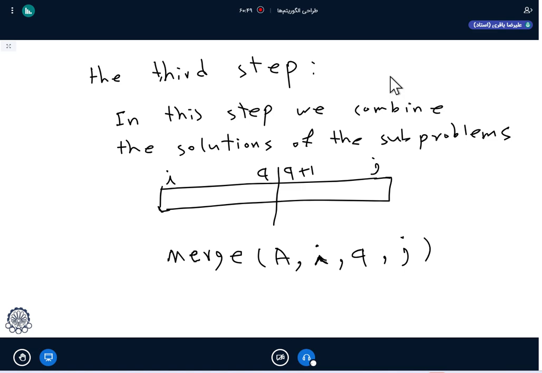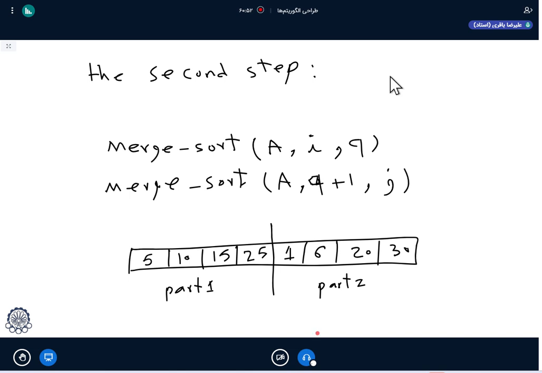Please let me go back to this slide. Doctor, how can we merge? Can we ask a question? I am going to explain. Yes, I'm going to explain. Suppose the first part is sorted and has the numbers 5, 10, 15, and 25.